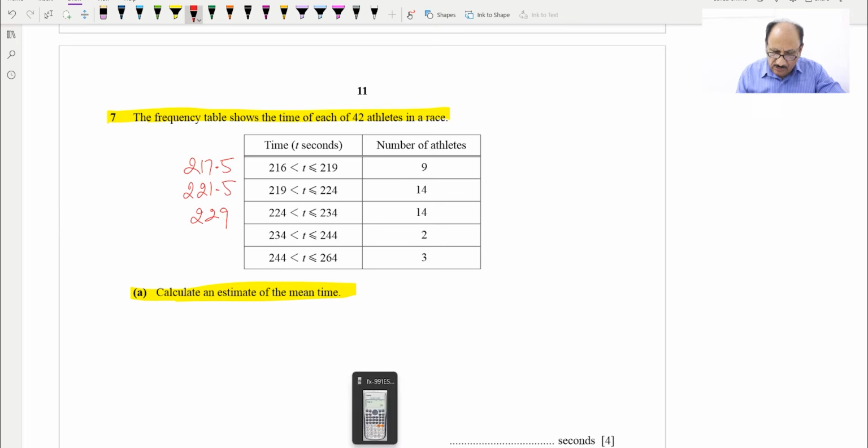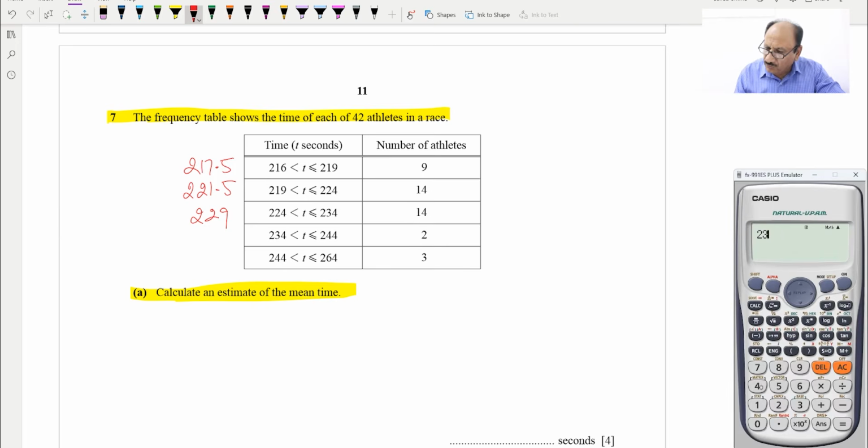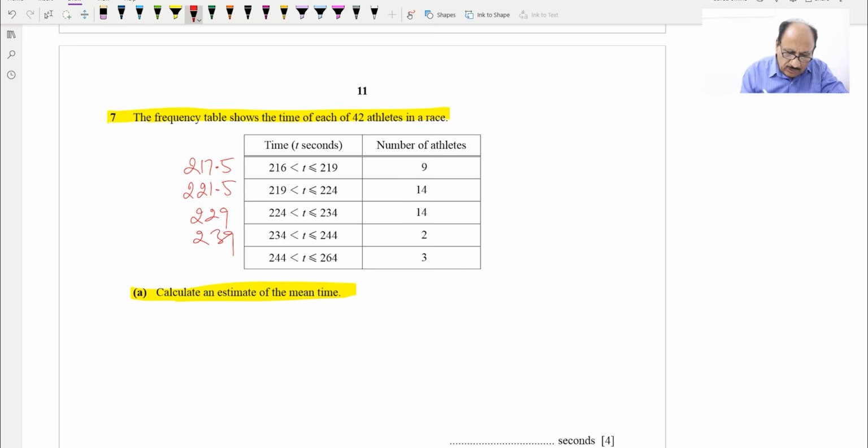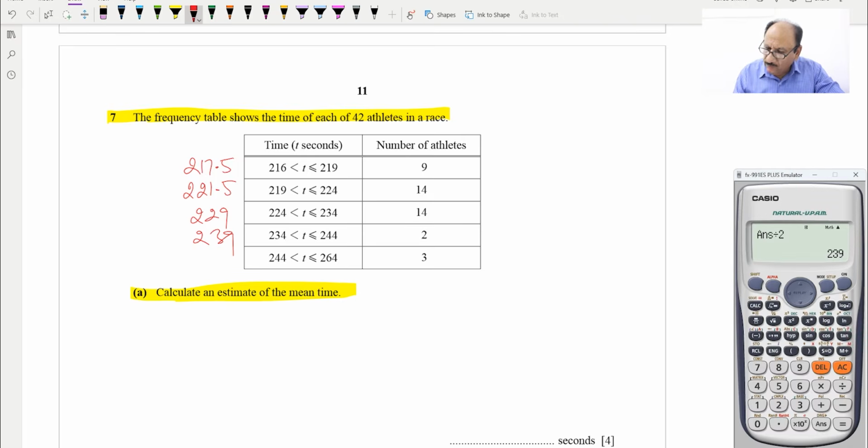Next is 234 plus 244 divided by 2, which gives us 239, and the last one is 244 plus 264 divided by 2, which gives us 254.